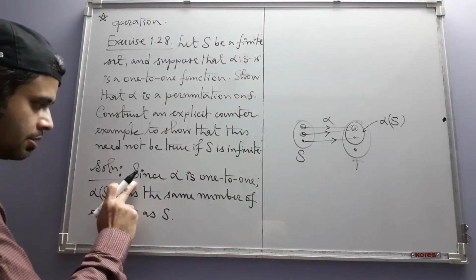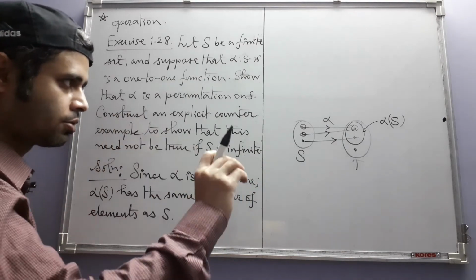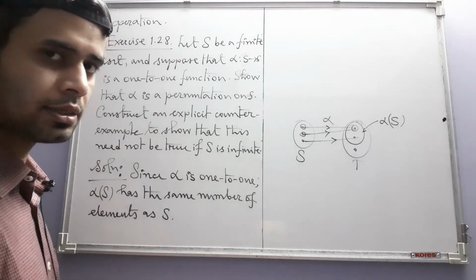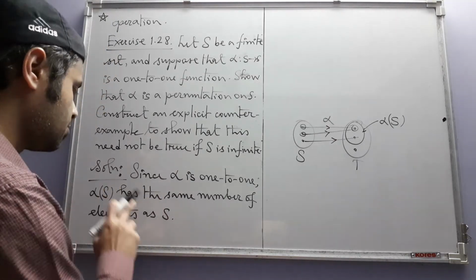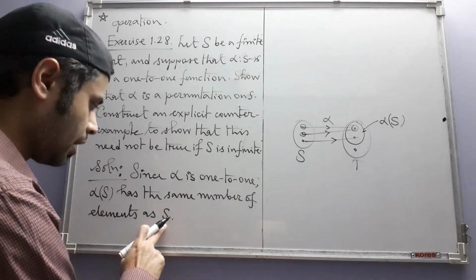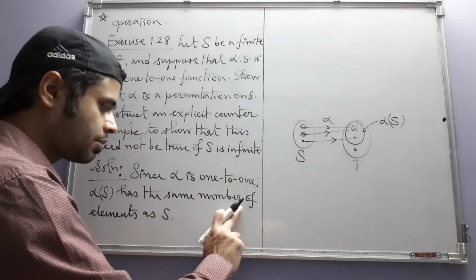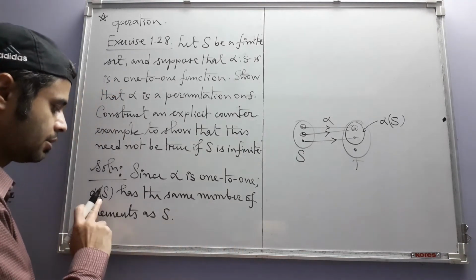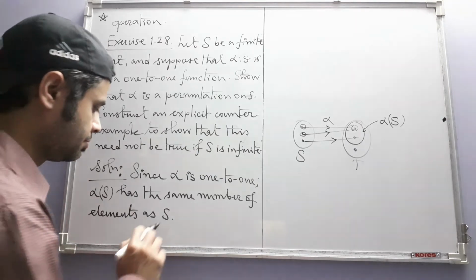But because alpha is one-to-one here, that collapse or shrinkage is not available in this case. So alpha of S will have as many elements as S has, and we can talk about the number of elements because the sets we are dealing with here are finite.